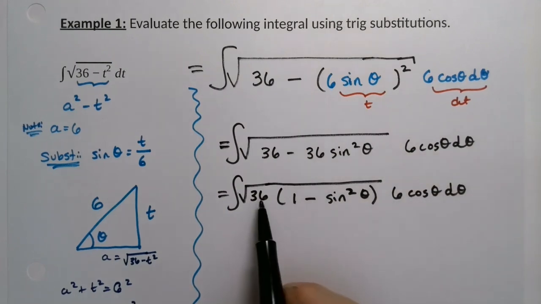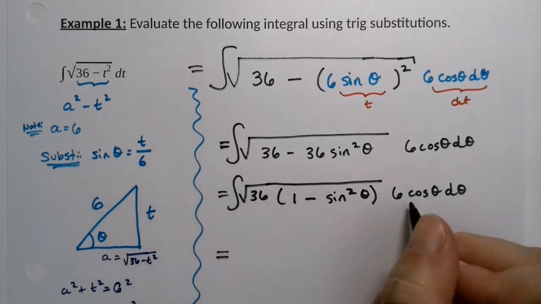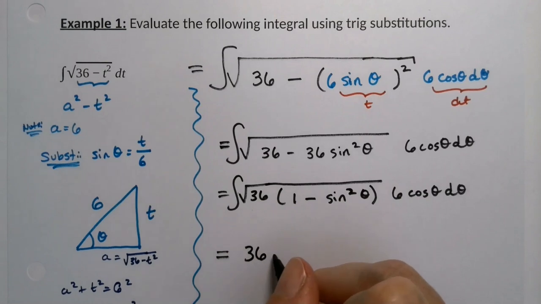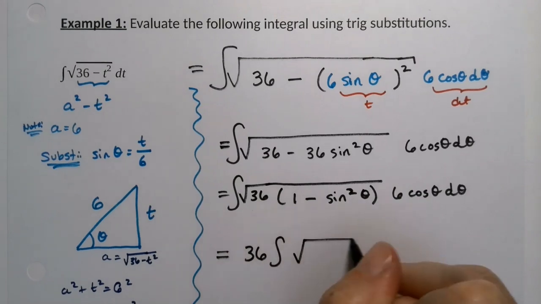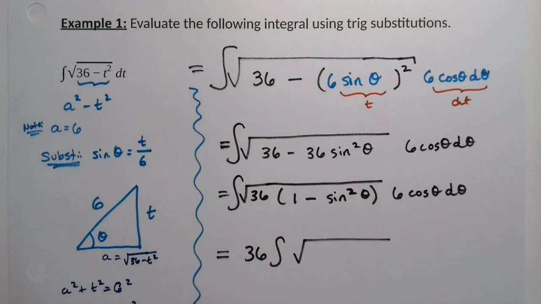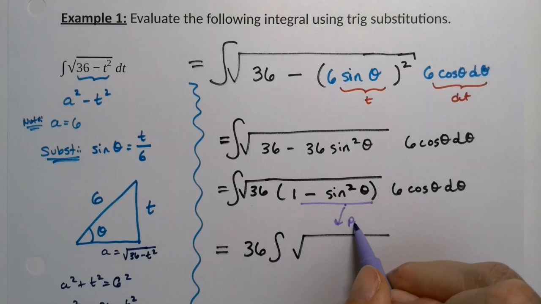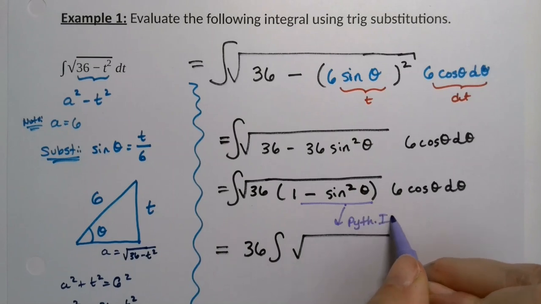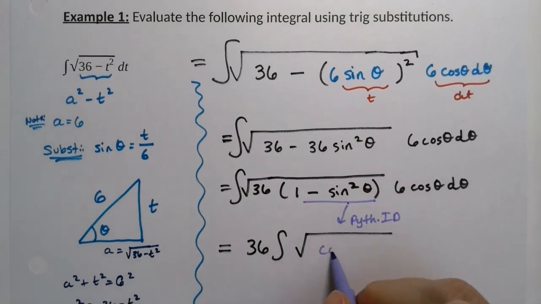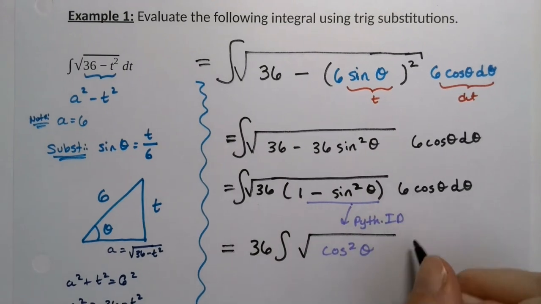Now, the square root of 36 is 6, and so I'm going to have another 6 out in front. So it's 6 times 6, which is 36, integral. And then 1 minus sine squared is cosine squared, right? From the Pythagorean identity, that would be cosine squared theta, and then cosine of theta d theta.